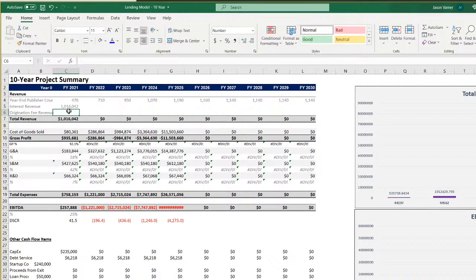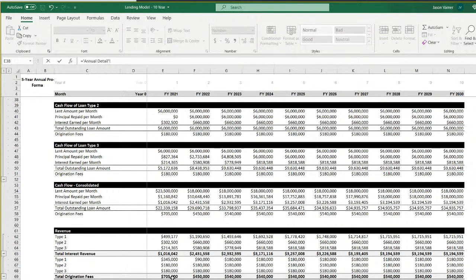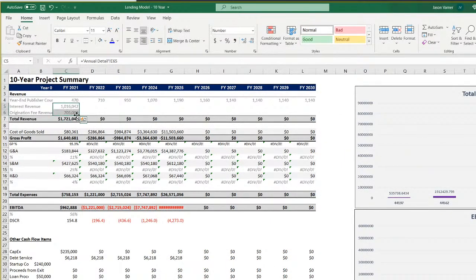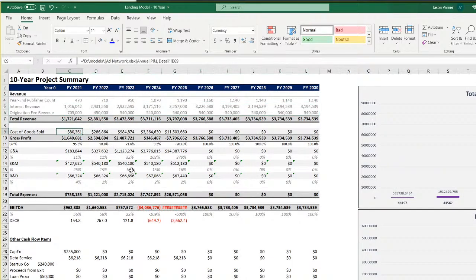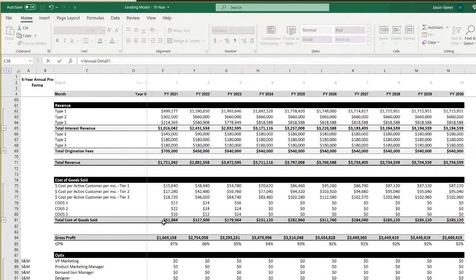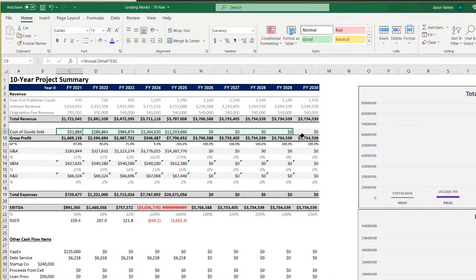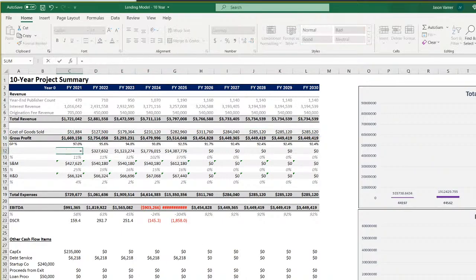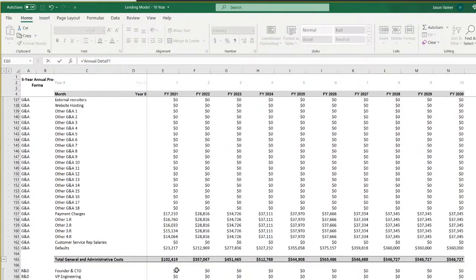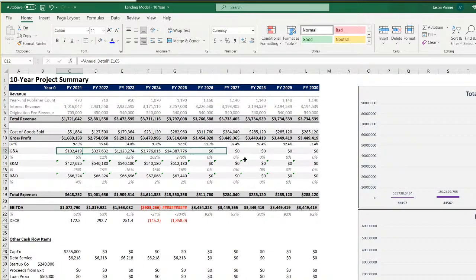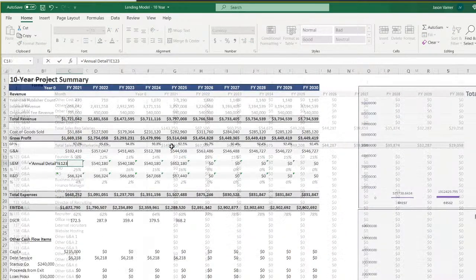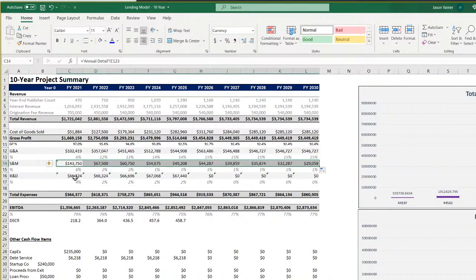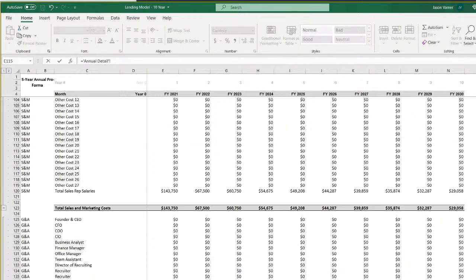So there's interest, and then here is origination. Cost of goods sold, just its own line item right here. Gross profits, own calculation. G&A, we've got right there. Sales and marketing. Research and development.